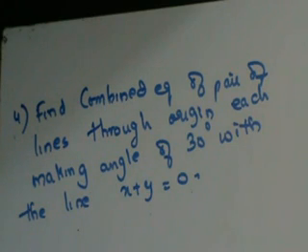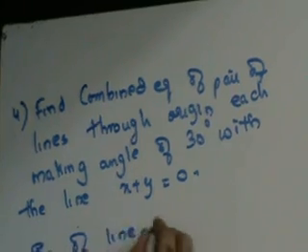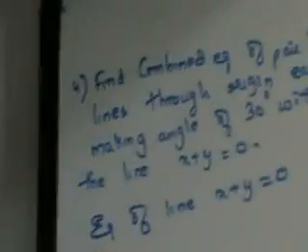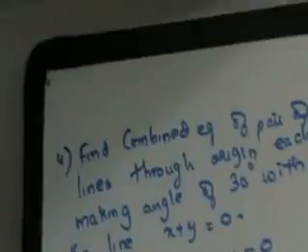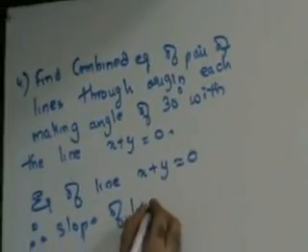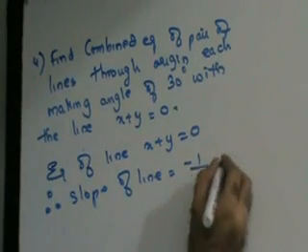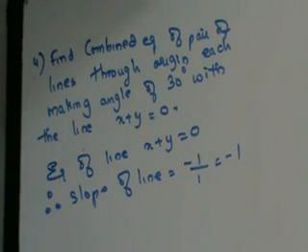Okay. Now, they give you equation of line as x plus y is 0. Therefore, slope of the line is minus a upon b. So minus 1 upon 1, minus 1.